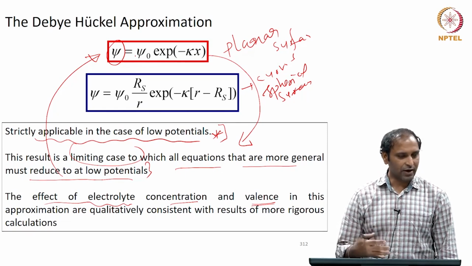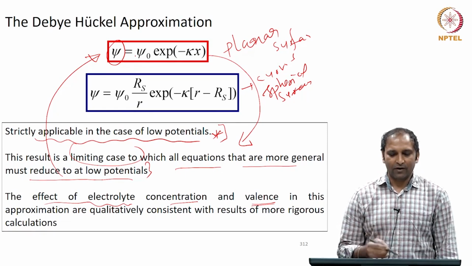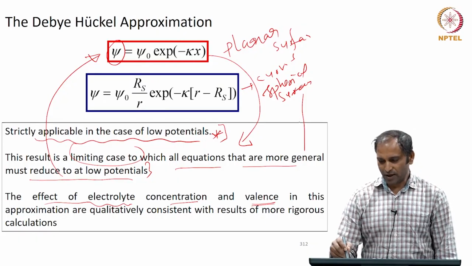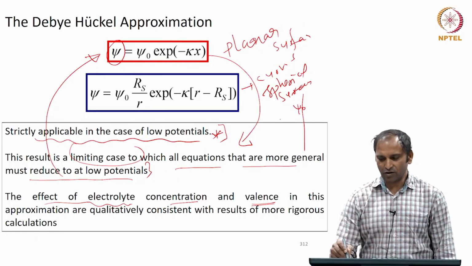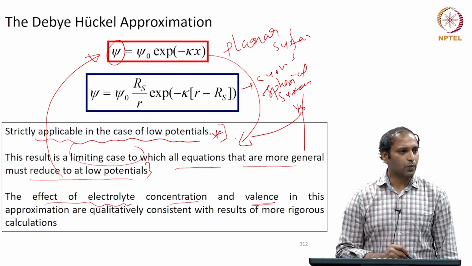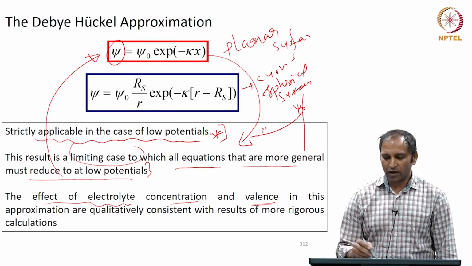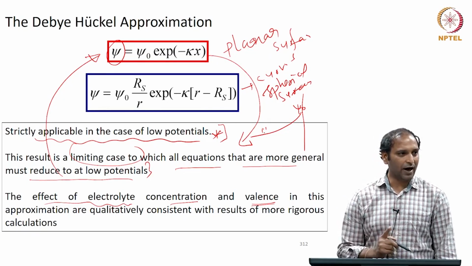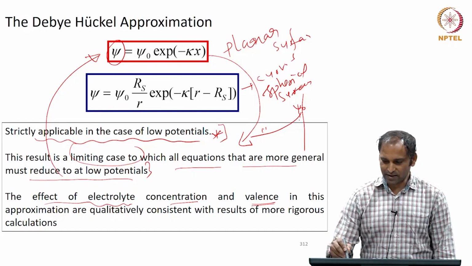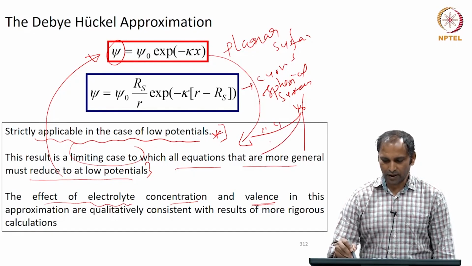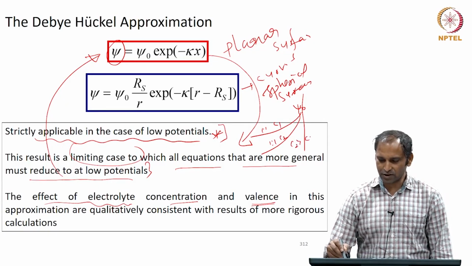So if this is psi naught, say the potential varies in this particular way if I use a 1:1 electrolyte. Now if I use the same electrolyte but go for a higher concentration, this is concentration 1, again 1:1, and this is concentration 2, where concentration 2 is greater than concentration 1.